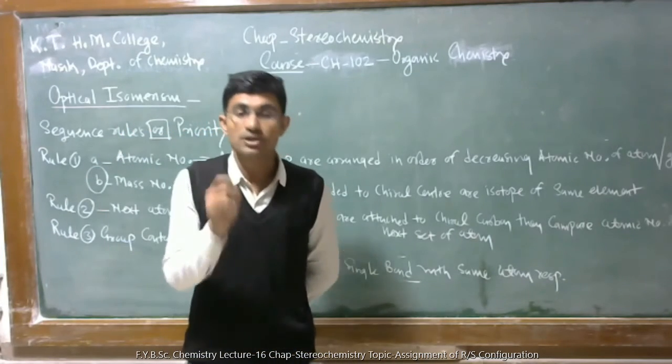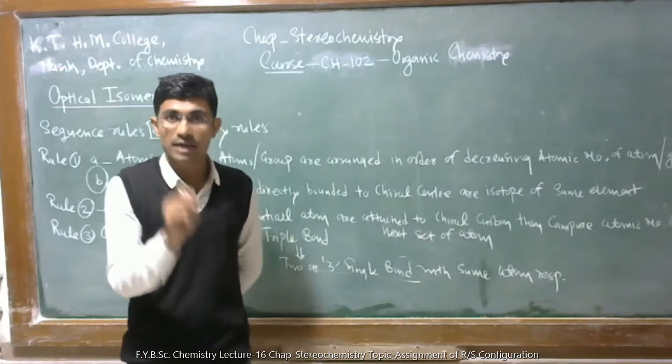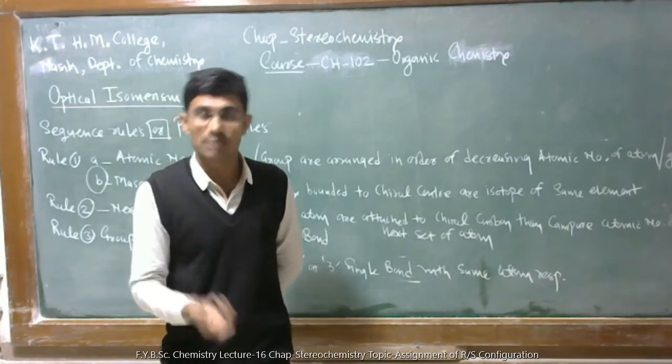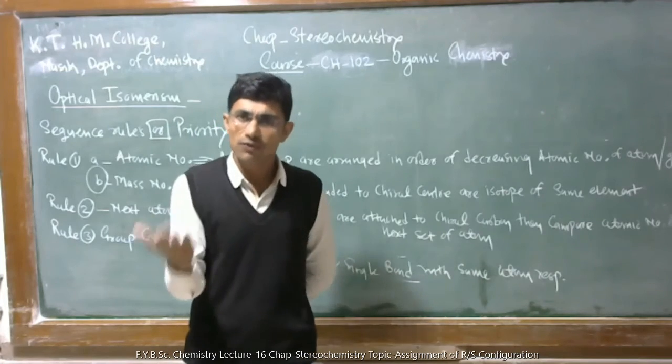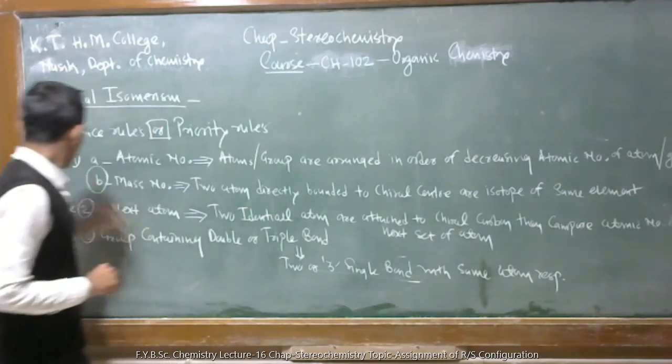The isotope with the higher mass number gets the first priority, and the atom with the lower mass number gets the last priority. This is rule B.